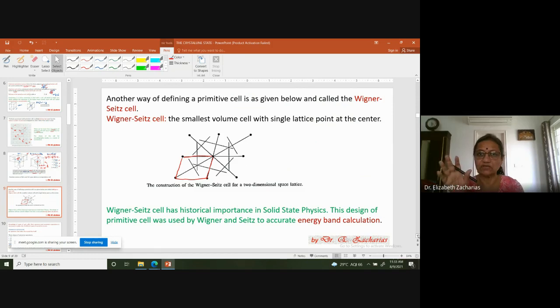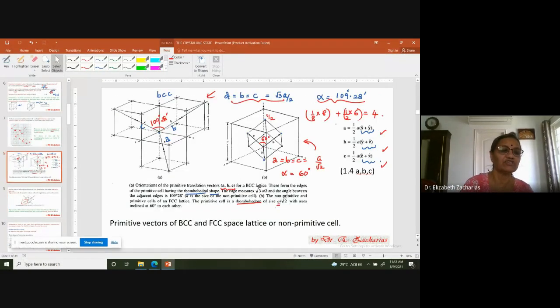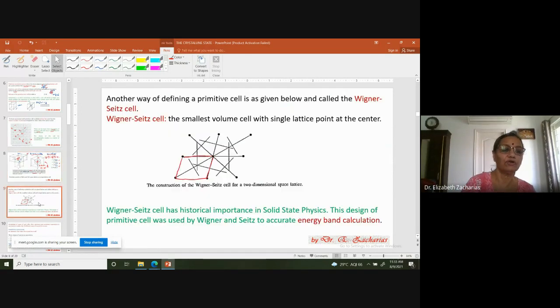For any kind of lattice collection given to you, you can create a primitive cell, and it will be easier than what we showed in the last class. In the last class, I showed you the creation of a primitive cell for BCC and FCC, and then talked about the angles A, B, C, and all that. That's slightly difficult to understand, but there is an easier way of doing it.